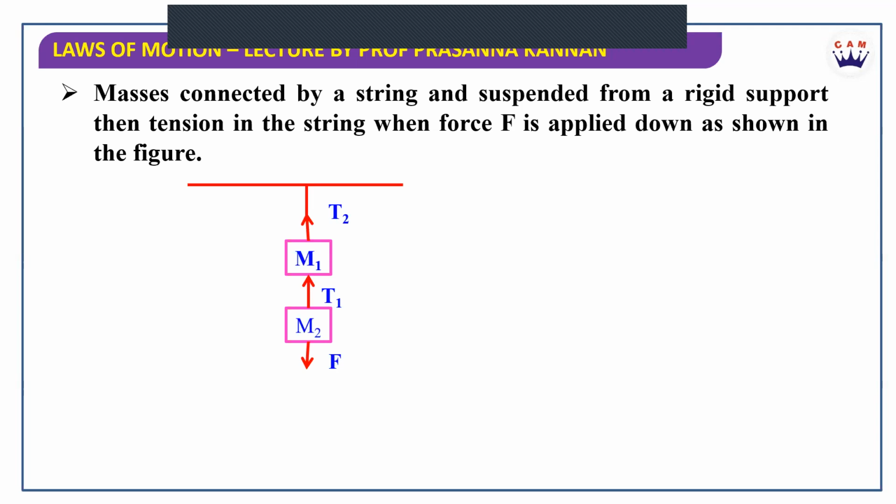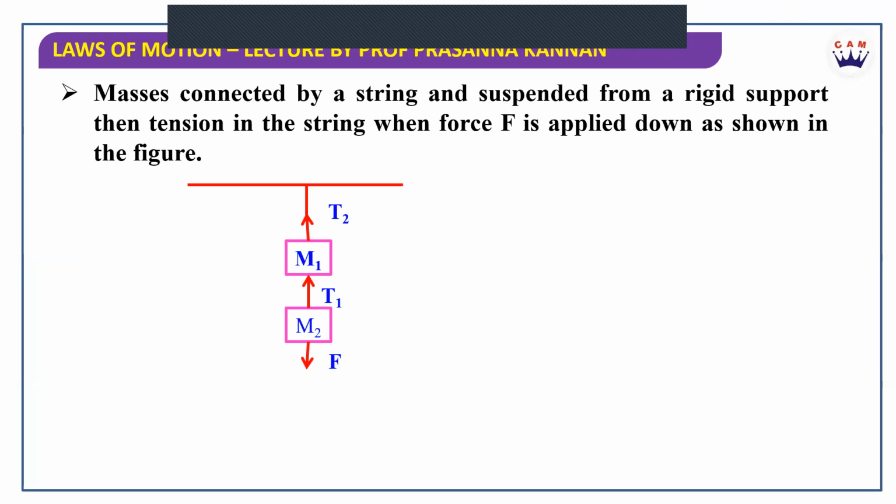And in addition, you're applying a force F as well. Now, drawing the free body diagram is not very challenging, but you just have to apply yourself. Can anybody try the free body diagram for M1?